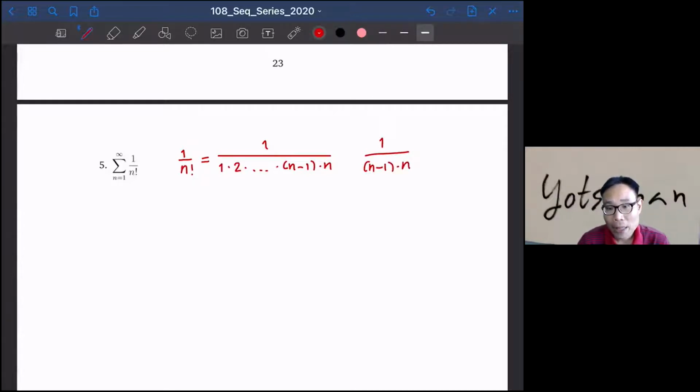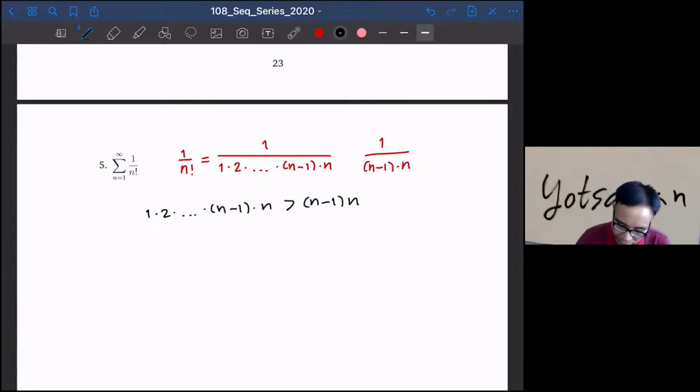And you see that 1 times 2 disappears. So if you compare, you have 1 times 2 times n minus 1 times n. This will be more than n minus 1 times n.